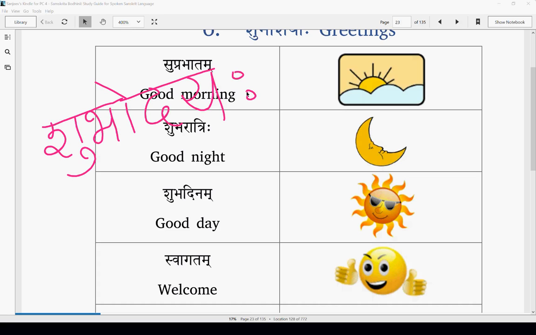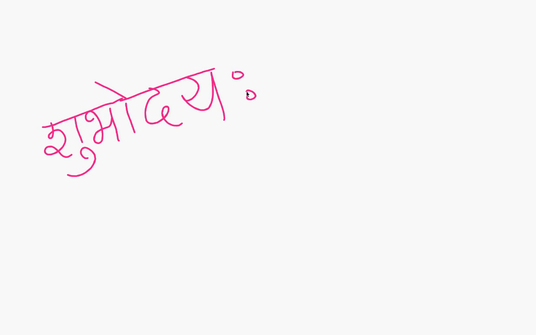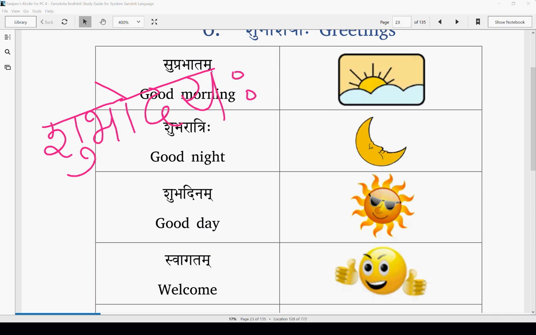Shubha is good, like you saw on the top, Shubhashaya. Ashaya is wish. Shubha is good. Udayaha means rise. So Shubha Udayaha. Here Udayaha refers to Suryasya Udayaha, the rise of the sun, or beginning of the day. So Shubhodayaha.